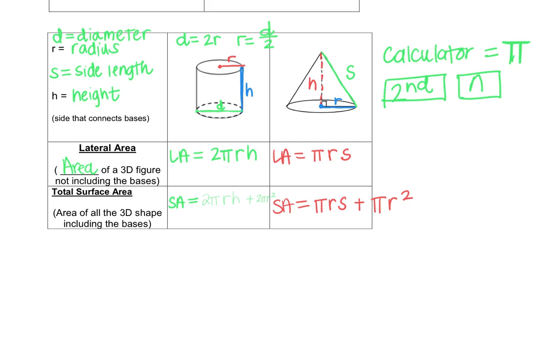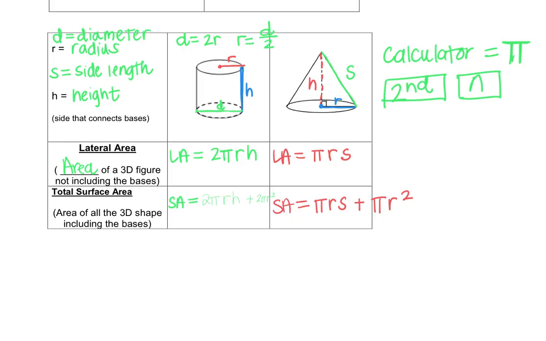So please notice that the formulas for lateral area and surface area of a cylinder are different than the ones we're going to use for a cone. The ones that have 2's are the ones we use for cylinder, and the ones that don't have that 2 at the beginning, we're using for a cone. That's the way that I put it in my brain, okay?